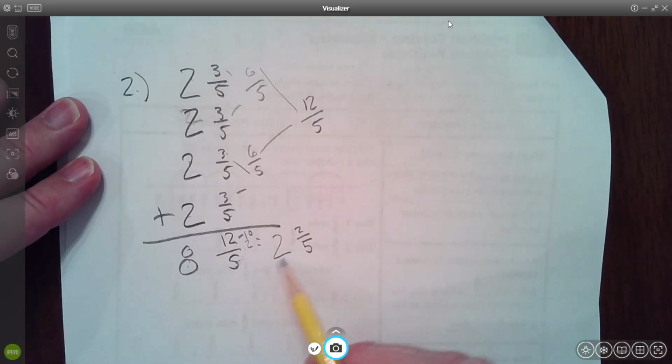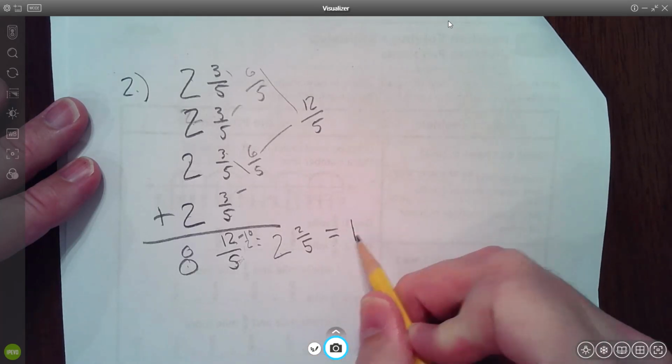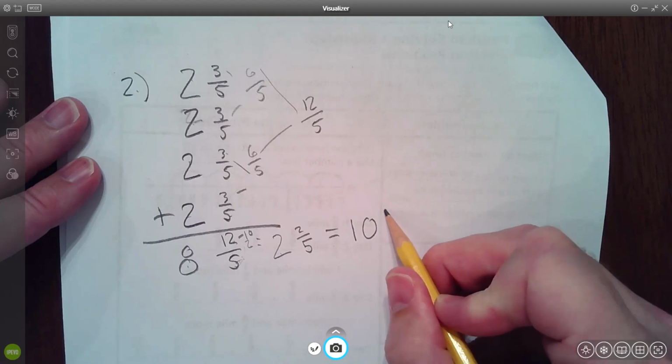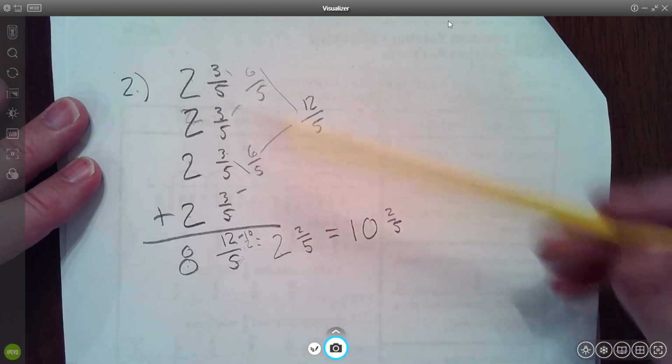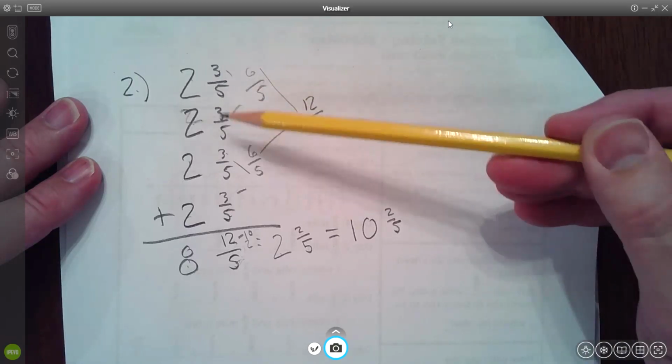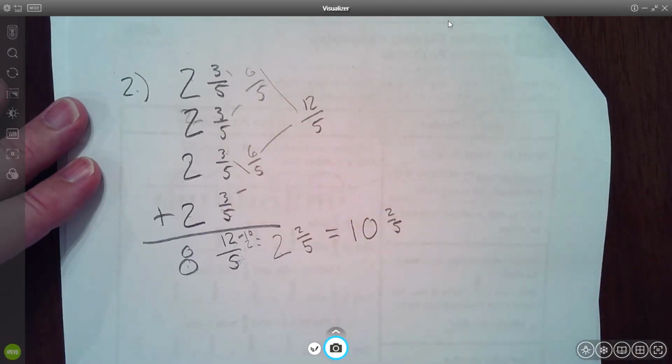So now if I add those two together, then I have, when it's all said and done, 8 plus 2 is 10 and 2/5 left over. Whew, crazy, huh? Here's Val. 2 3/5, 2 3/5, 2 3/5, 2 3/5 makes 8 and 12/5. And then when I convert that back into a mixed number, we end up with 10 and 2/5.